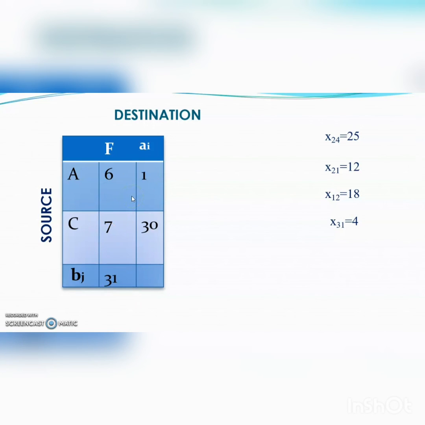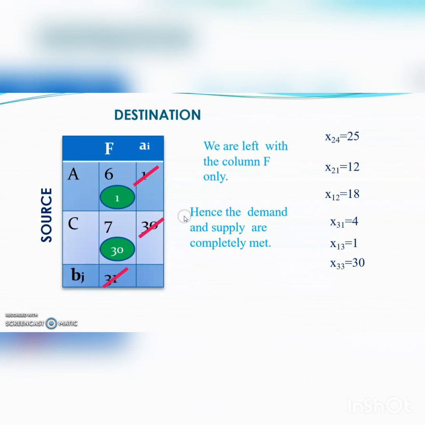So we allocate 1 unit in the AF cell and 30 units in the CF cell. So the value of the decision variable x13 is 1 and the value of the decision variable x33 is 30, and ultimately all the availabilities and the requirements are fulfilled.